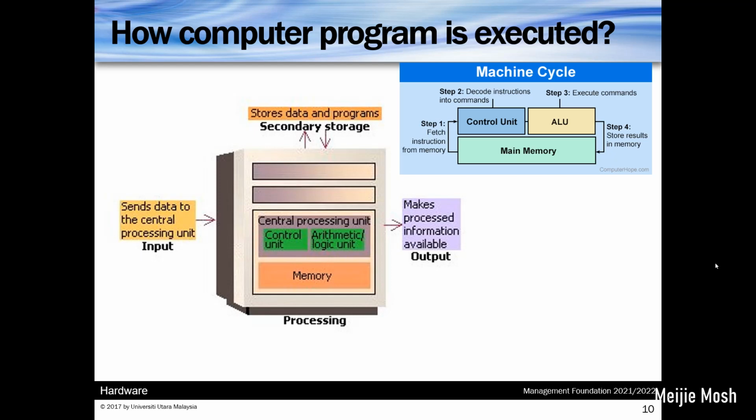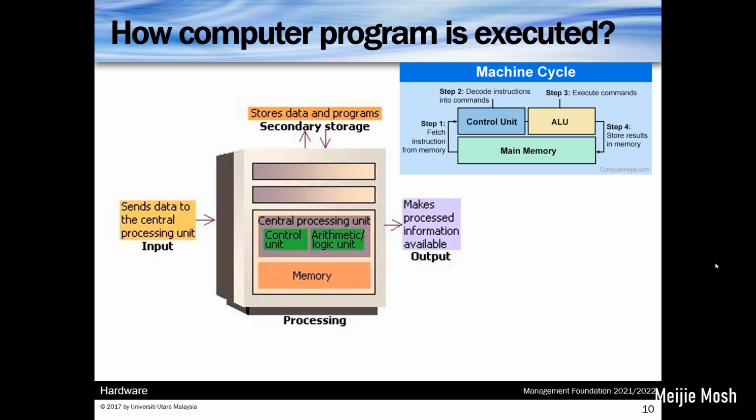The control unit fetches, or gets, the instruction from memory, and then the control unit decodes the instruction, or decides what it means, and directs that necessary data be moved from memory to the arithmetic logic unit. The arithmetic logic unit executes the arithmetic or logical instruction.